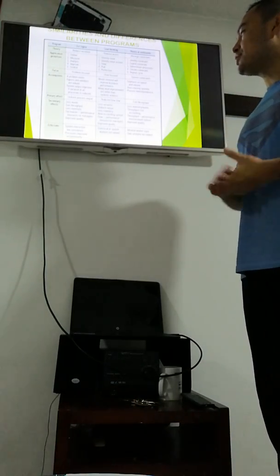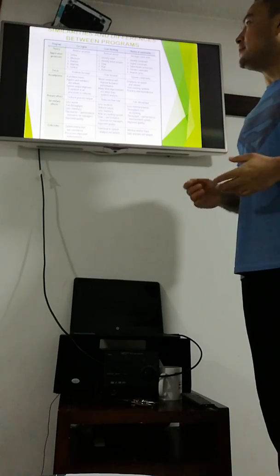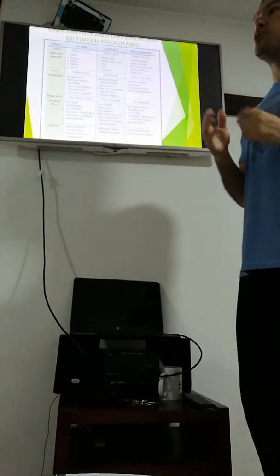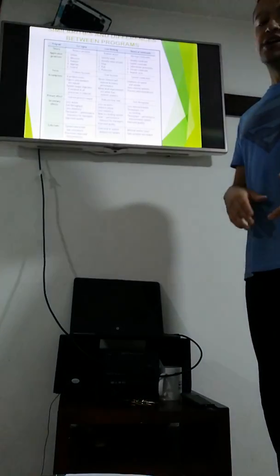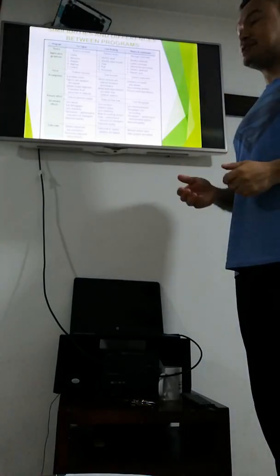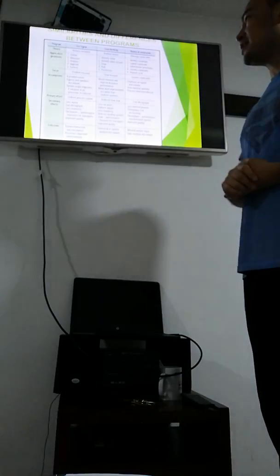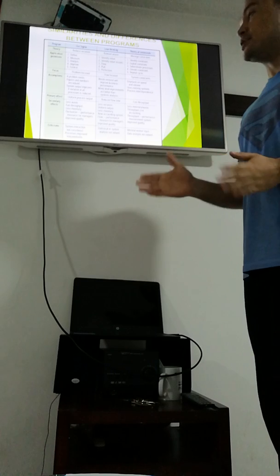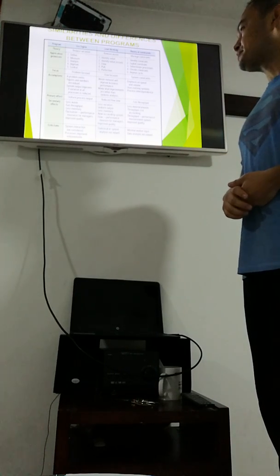Another difference is that Six Sigma wants to reduce the variation in the process, in the flow. Lean thinking wants to remove the waste, and the theory of constraints wants to manage the constraints. That's the main difference between the theories.